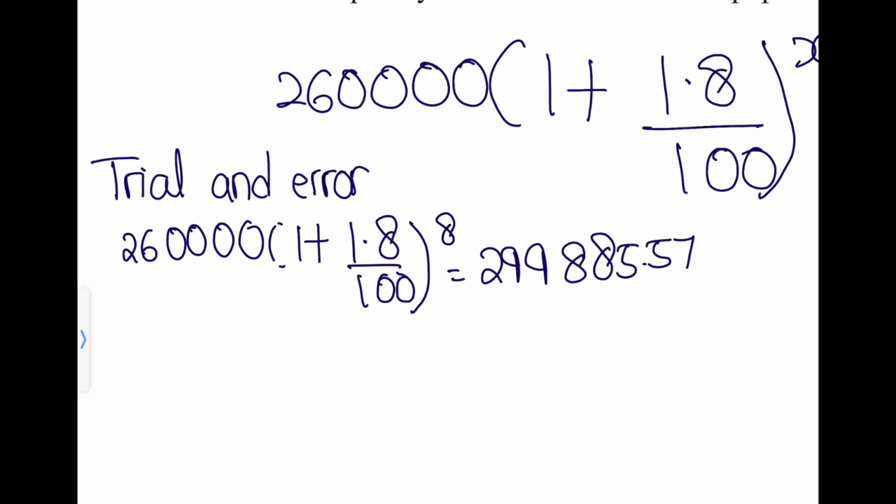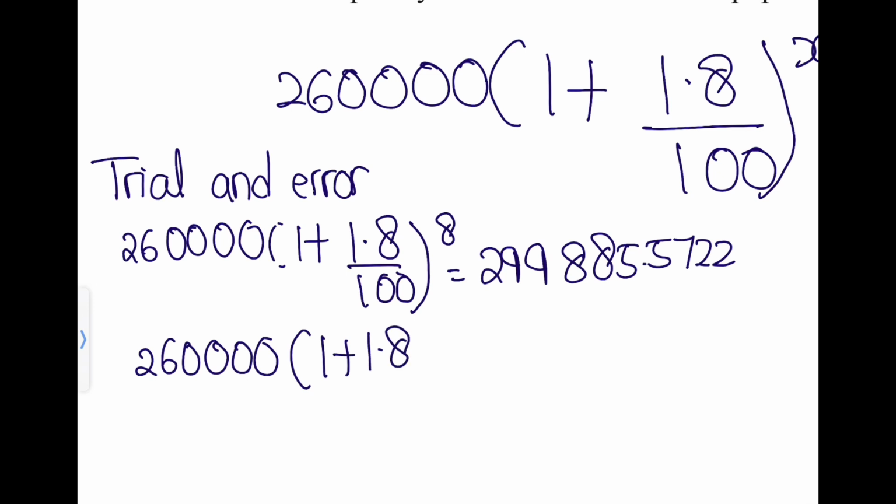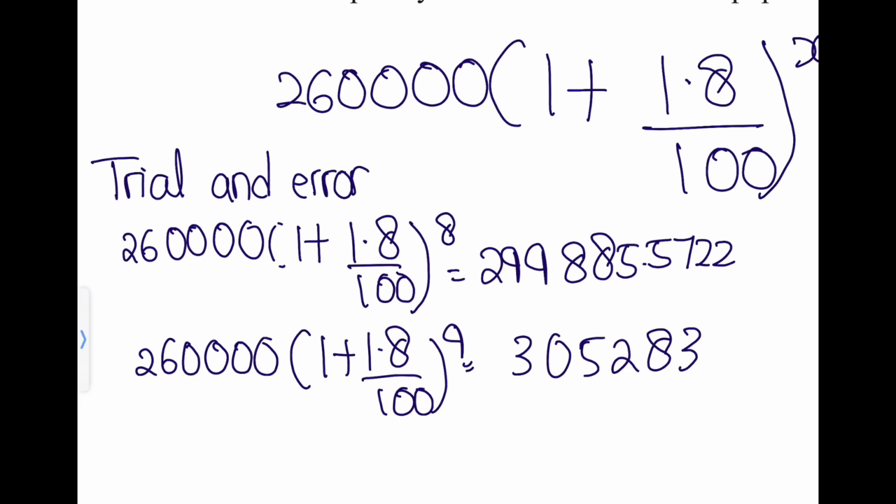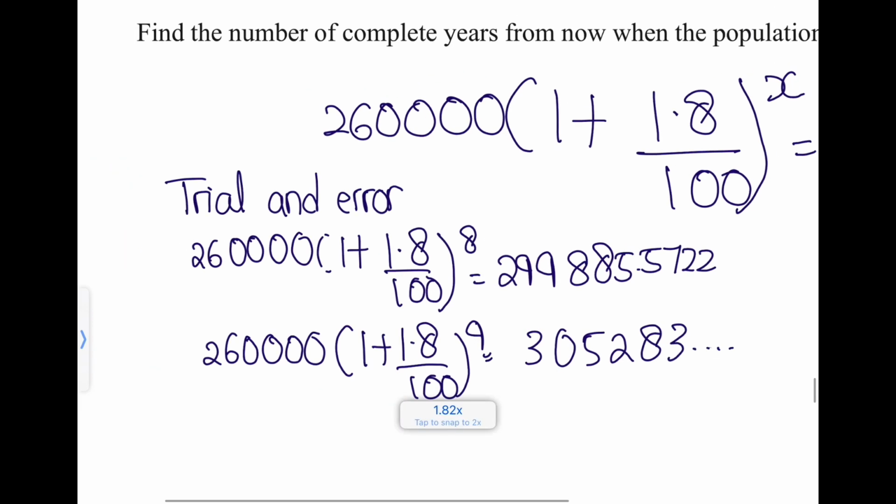And if I'm doing 260,000 times (1 plus 1.8 over 100) raised to 9, that is giving me 305,283. So this is the first year, hence this will be the answer.